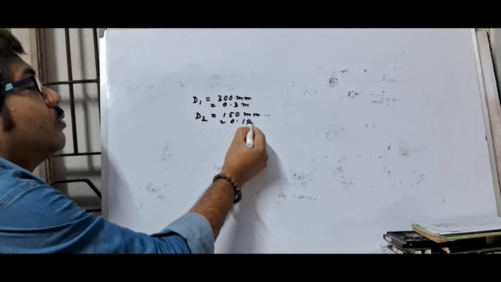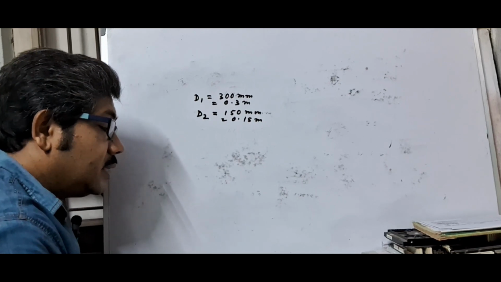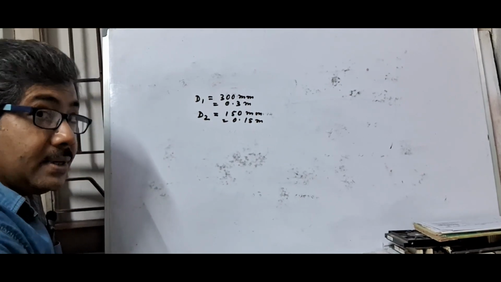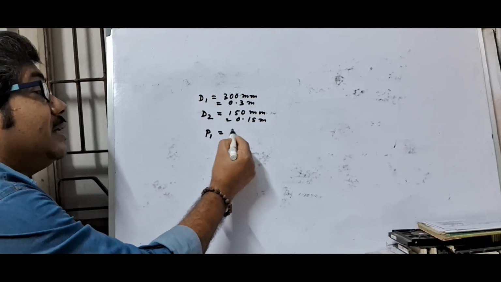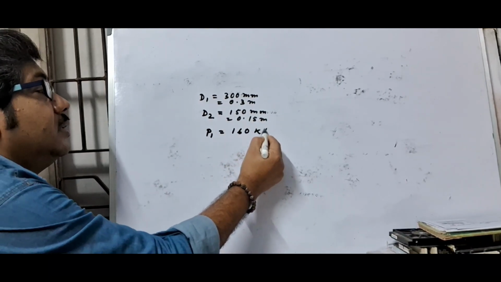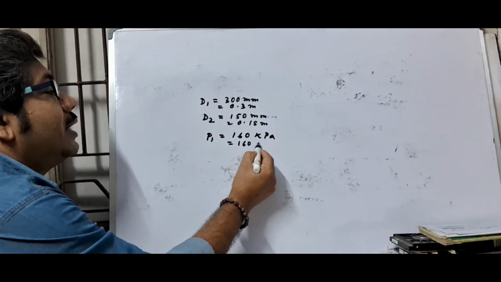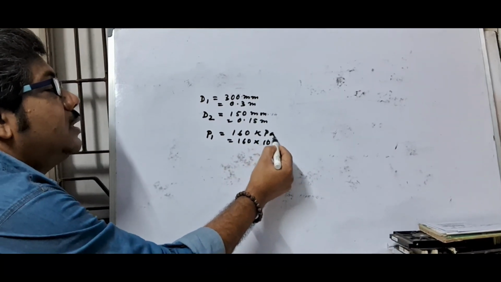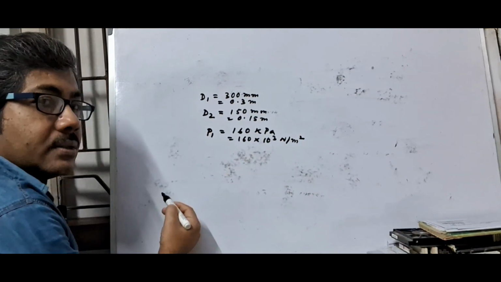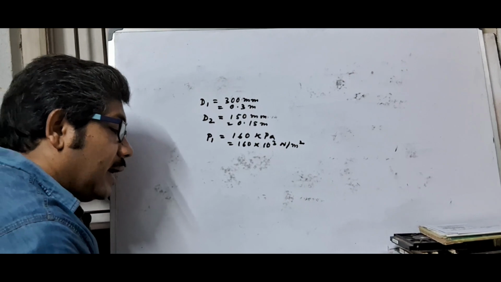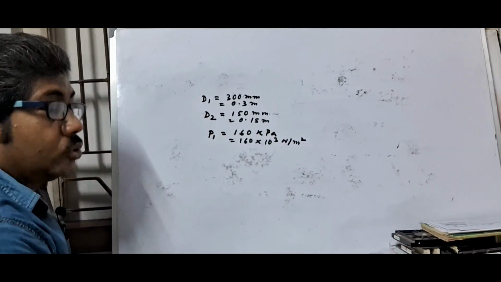That is 0.15 meter. If the pressure in the pipe is 160 kPa, kilopascal, that means here this is pressure intensity. This is 160 kPa, that means 160 into 10 to the power 3 Pascal. Pascal means Newton per meter square. And the vacuum pressure at the throat.